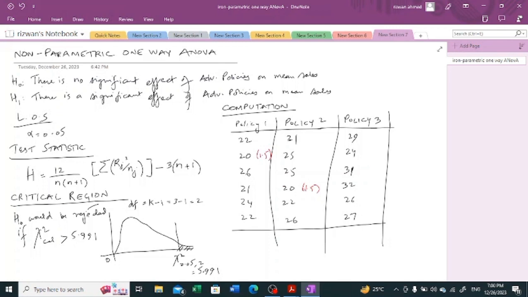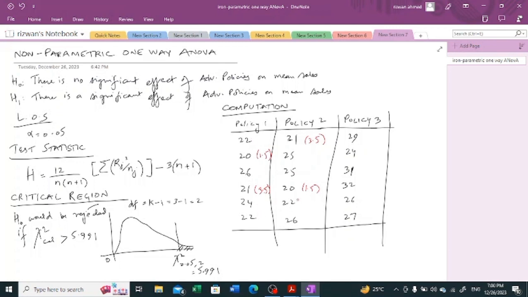The next higher value is 21, and 21 is again repeated twice, this one and this one. Again, we go for the average of the next two ranks, third and fourth. The average of 3 and 4 is 3.5, so 3.5 and 3.5. Then the next higher value is 22, and there are three 22s.